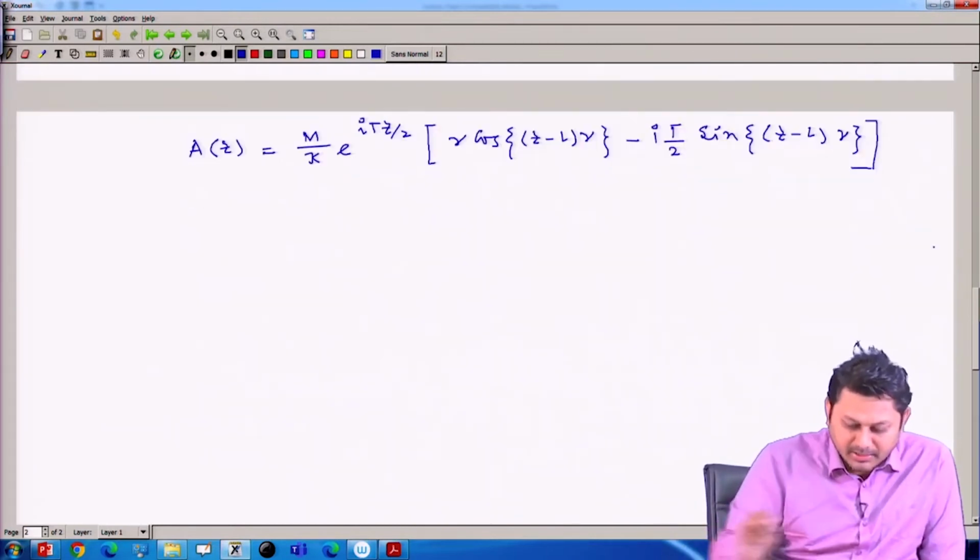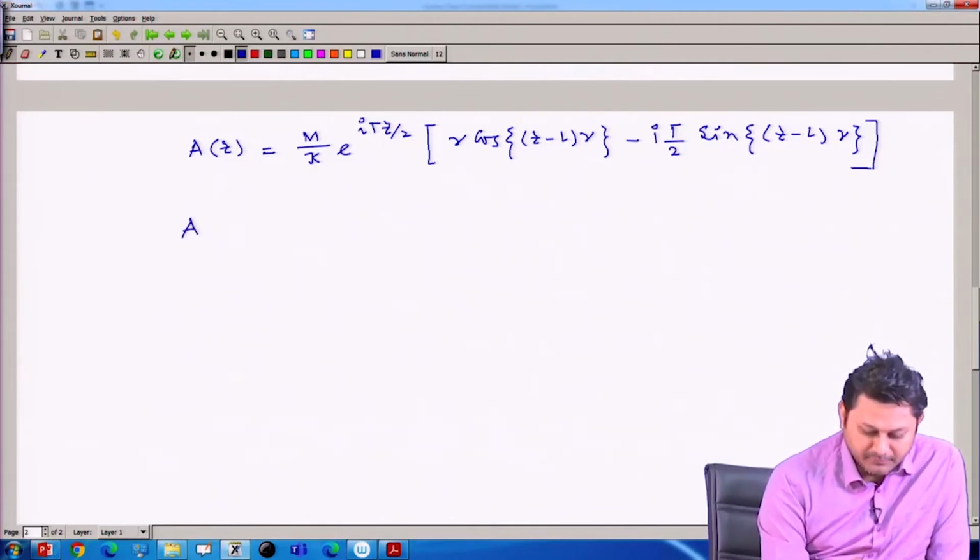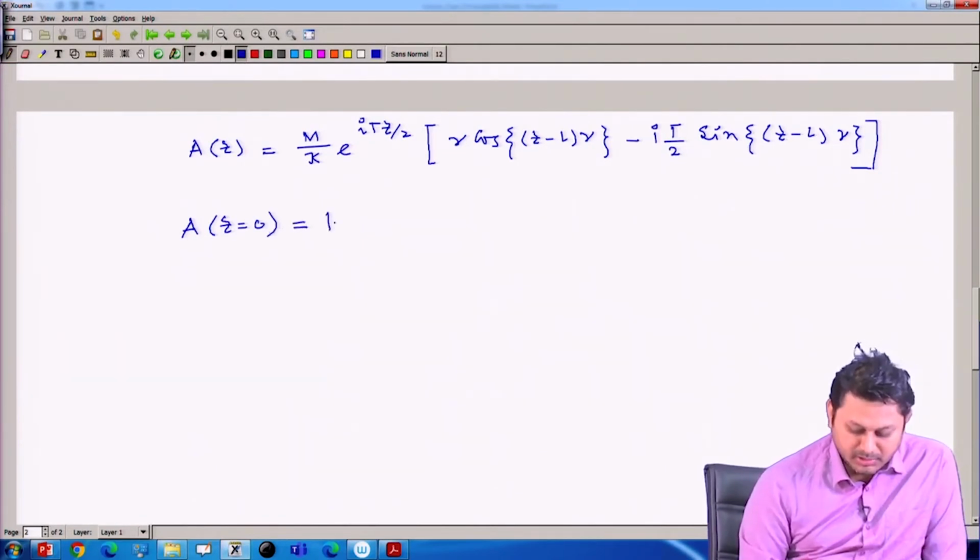Here another condition we also have, that A at z equal to 0 is unity without any loss of generality.